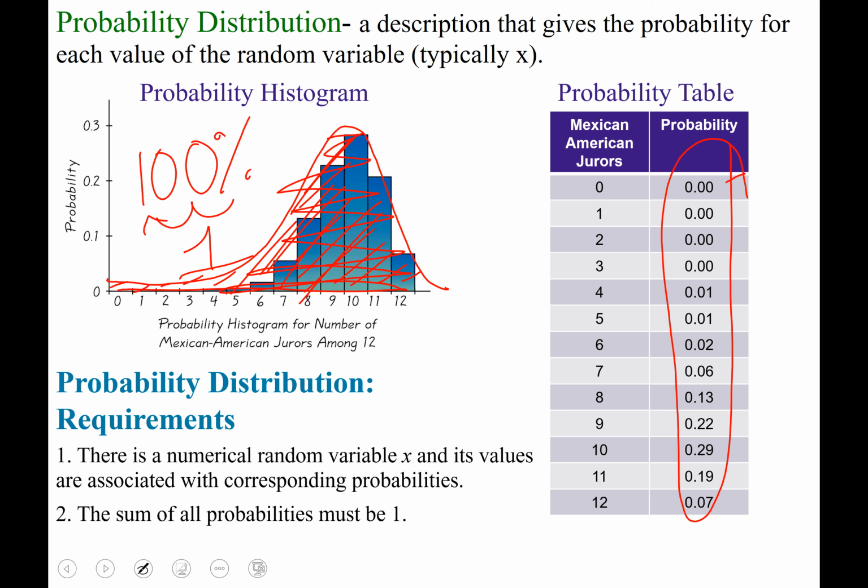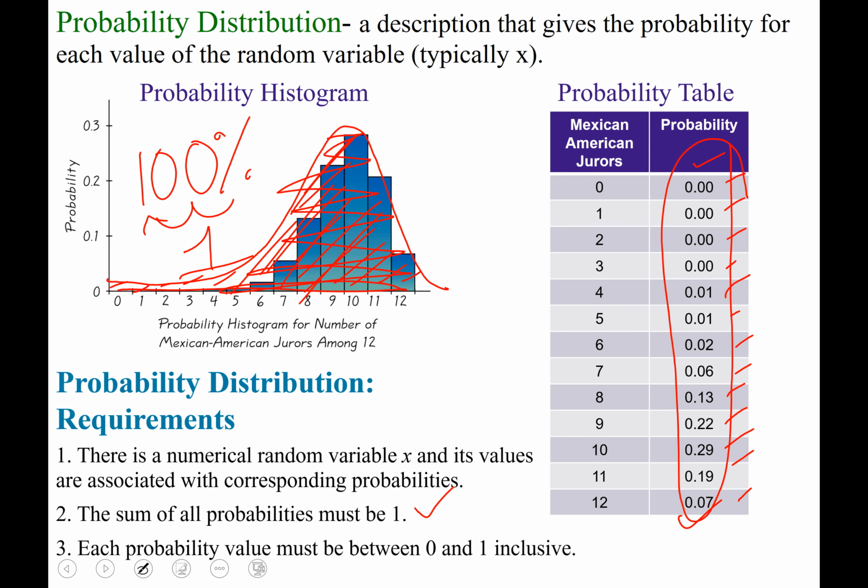Now, if you add all these up and you're off by, let's say, 100th of a percent, that might be okay still, because these may have been approximated already. So as long as when you add them up, you're between like 0.99 or 1.01, then you're good. Pre-rounding, your sum of probabilities should add up to exactly 1.